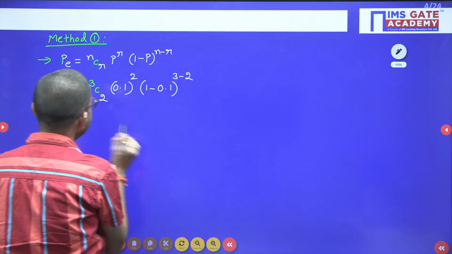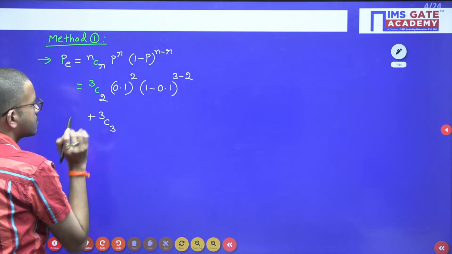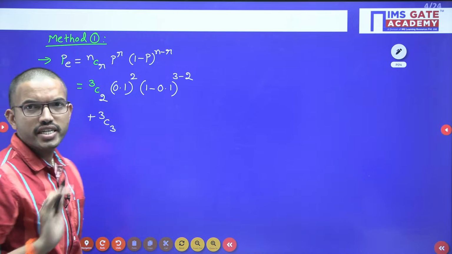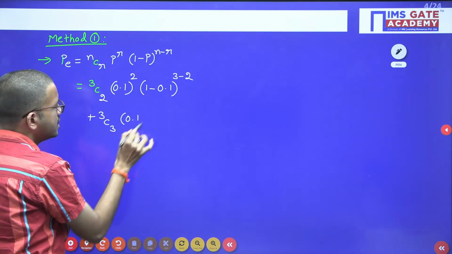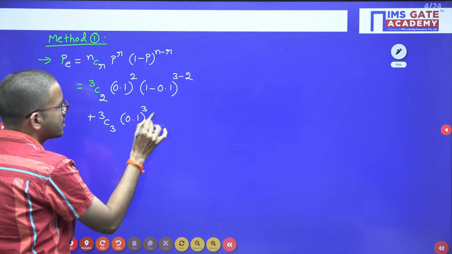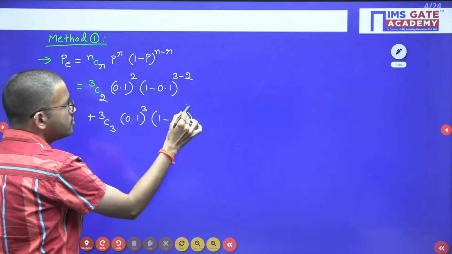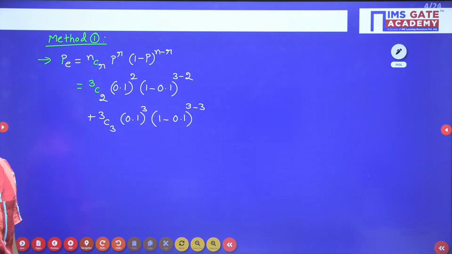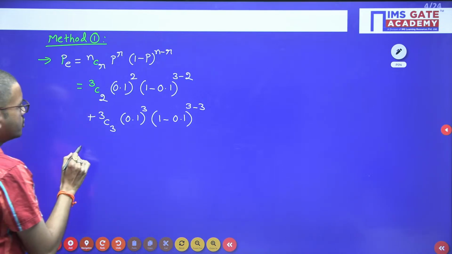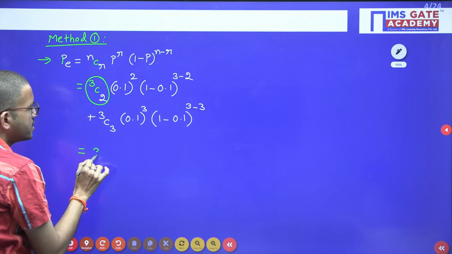Another combination: 3C3, out of 3 bits, all 3 bits in error. The crossover probability is the same, 0.1. In this case it is 3C3 into 0.1 whole power r, which is 3, into (1 minus 0.1) whole power n minus r, with n equal to 3 and r equal to 3. All of you do the simplification. 3C2 is the same as 3C1.